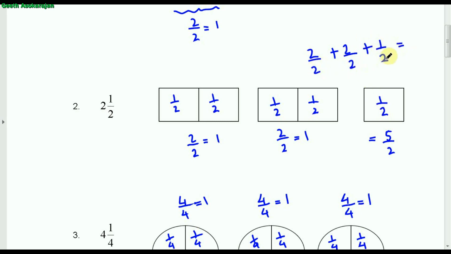The denominator terms are the same, so keep that as 2. Adding the numerators, 2 plus 2 is 4, plus 1 is 5. So that is how I got this 5/2. Or you can calculate the totals using this pictorial representation. You'll get the same answer.